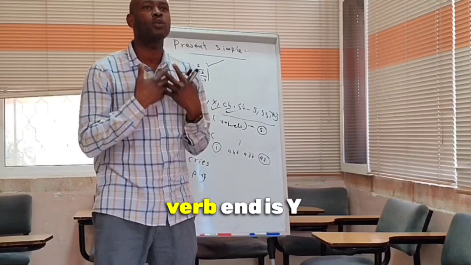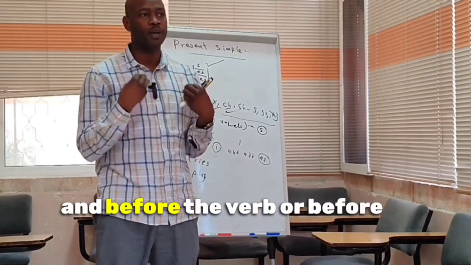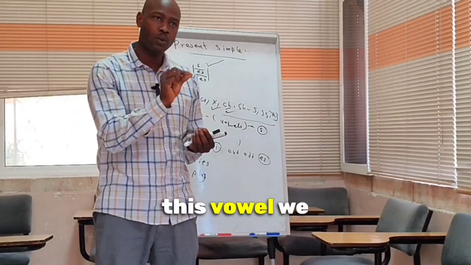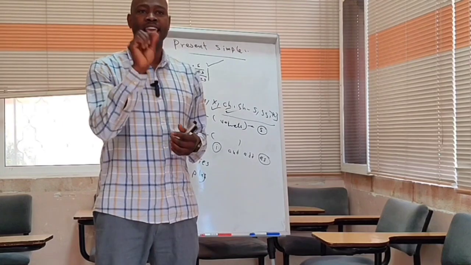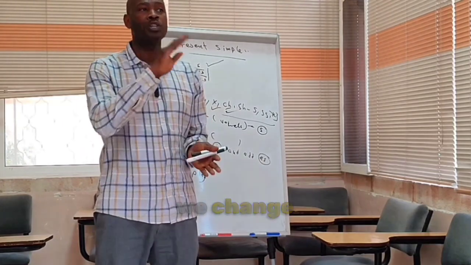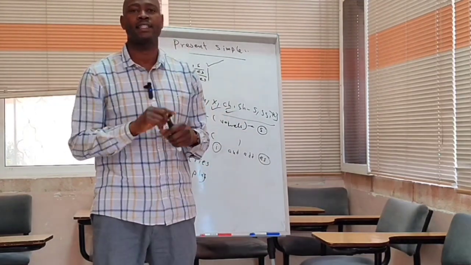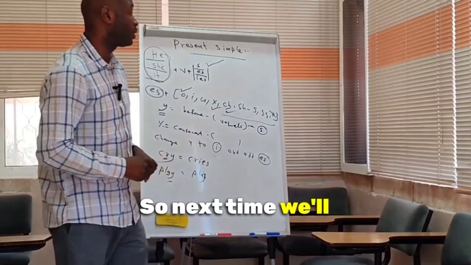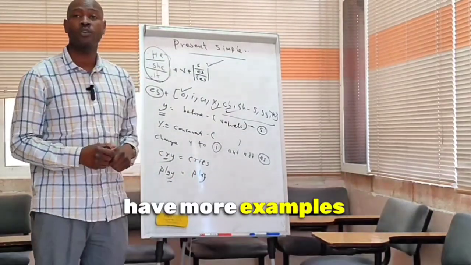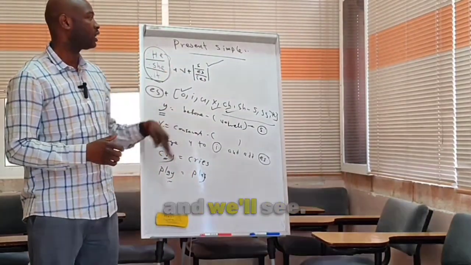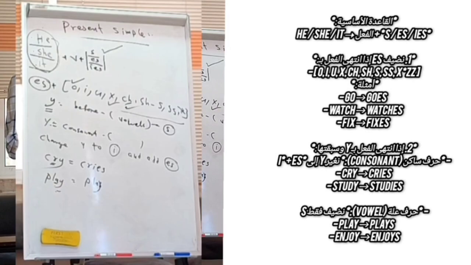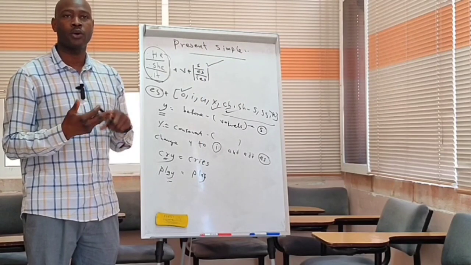If the verb ends with Y and before Y there's a vowel, we add S. If there's a consonant, we change Y to I and add ES. Next time we'll have more examples and we'll see the negative and the question.